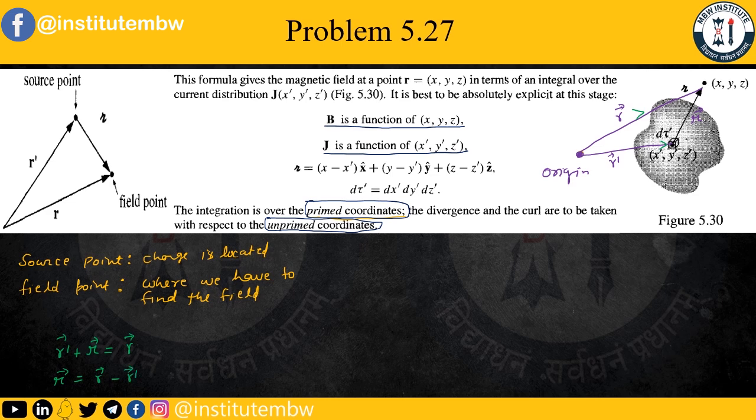We have already said that J is a function of primed coordinate points and B is a function of unprimed. So this is unprimed and this is primed.